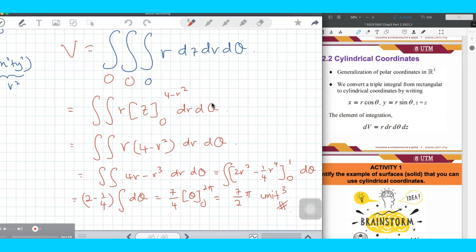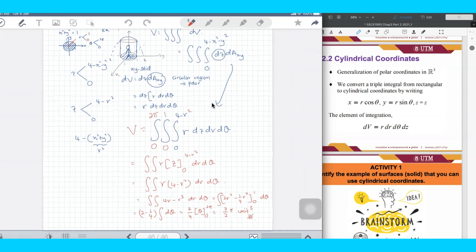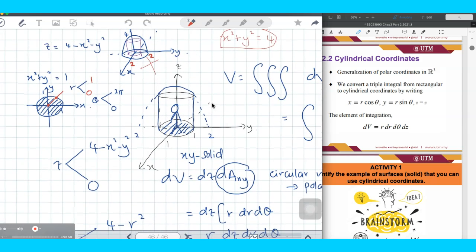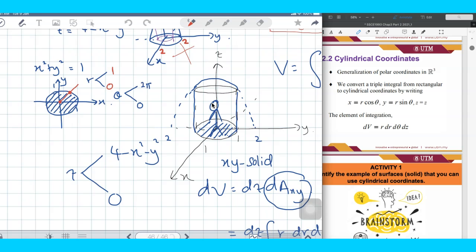Okay, you can use the Cartesian coordinate, but as we know, the limits of x and y should contain the plus minus square root, and your calculation is more tedious. It can be done, but you need extra, longer steps.